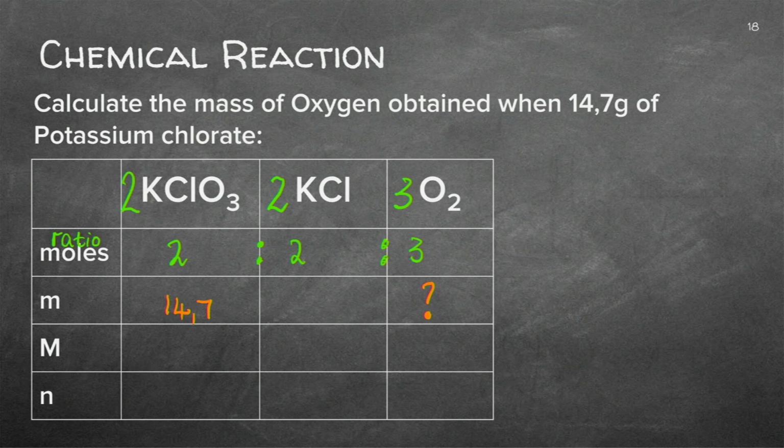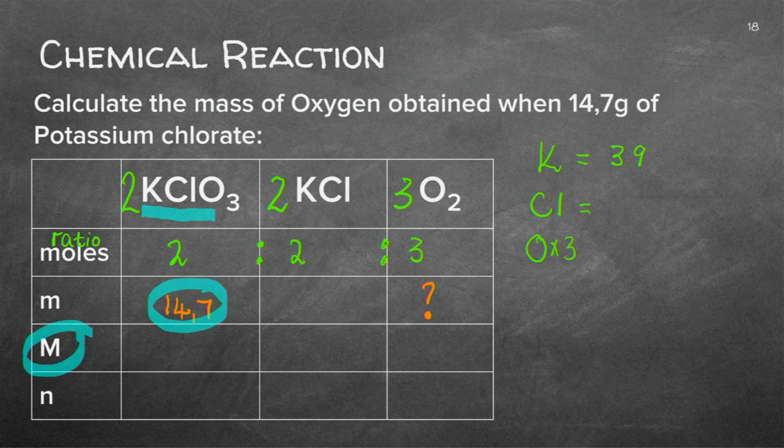Now, what do I have? I currently have the following, 14.7. I can also calculate the molar mass of potassium chlorate. Let's quickly do that. I've got potassium, chloride, and 3 oxygens. So I've got potassium, I've got oxygen.